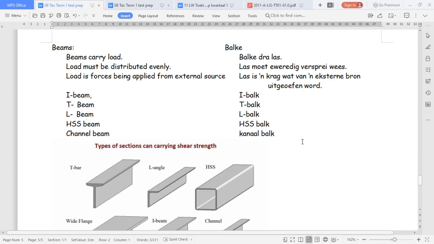The loads must be distributed evenly, so die las moet evenredig versprei word, because otherwise there's a load on the one side that isn't on the other side, and then we get things twisting and torsion and things like that, our structure can collapse.